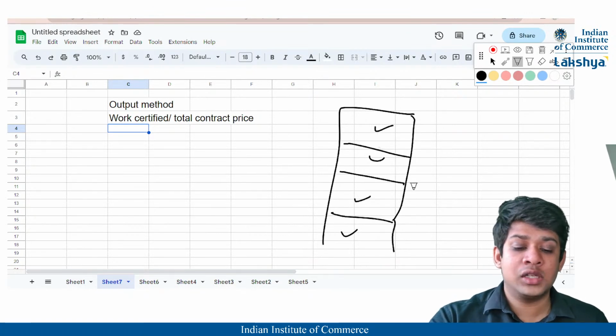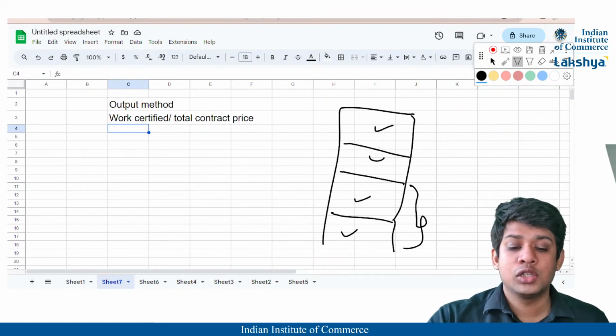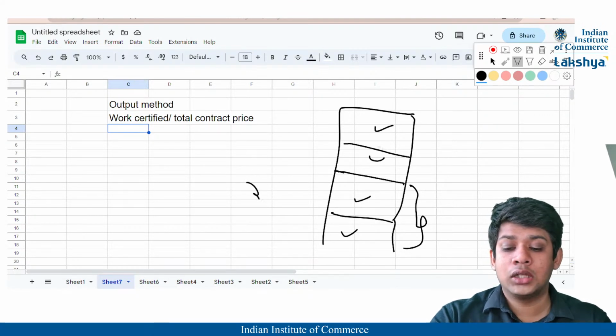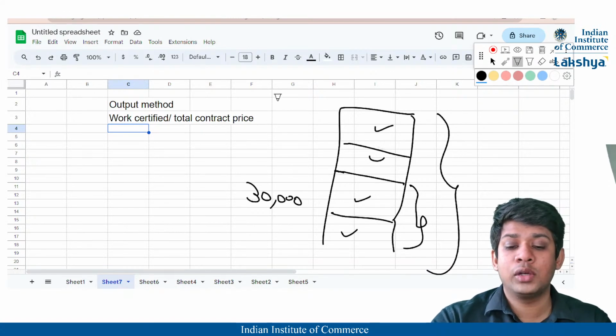Maybe when I actually went to the site and saw the first 2 floors were constructed, right? So maybe say the cost incurred for it was around 30,000. And for the completion of the whole project, maybe I'm going to receive 60,000, right?